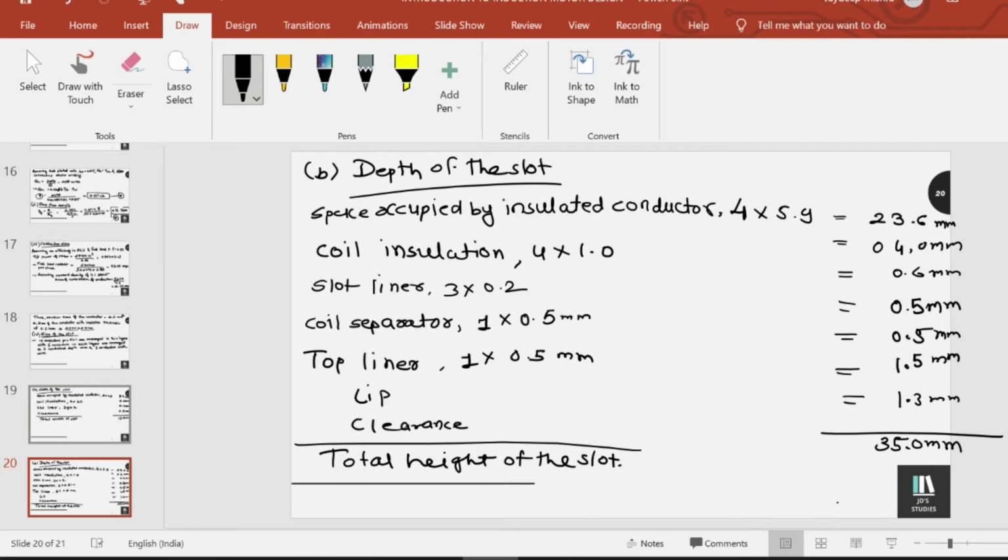So what is the dimension of this slot? The dimension of the slot is 12 mm by 35 mm.